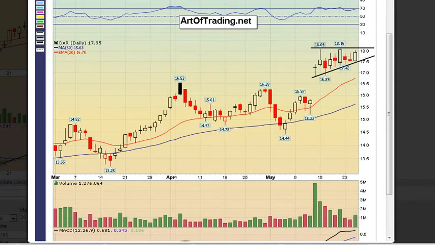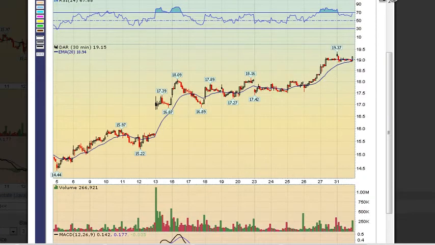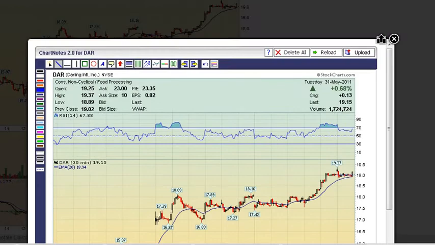Another way to play it is, the alert price for this one was 18.15. So for example, rather than wait for the stock to hit 18.15 and then buy it automatically, what you want to do is see how the stock is setting up on multiple time frames.